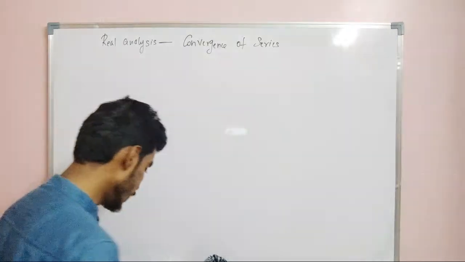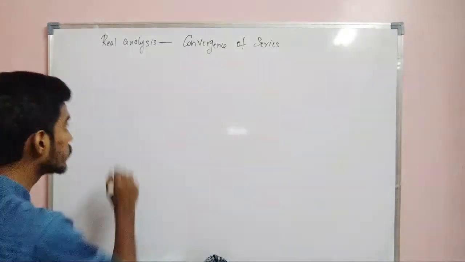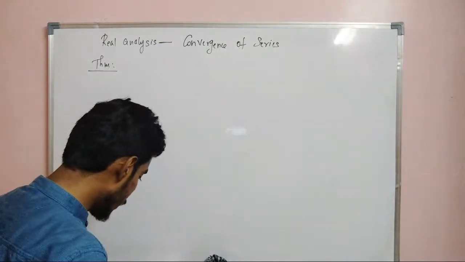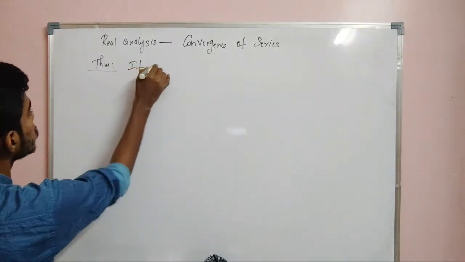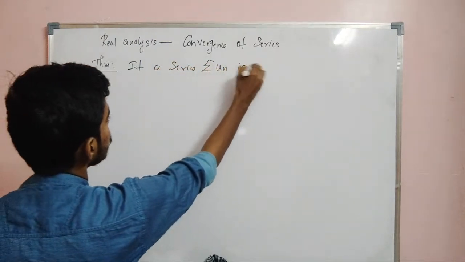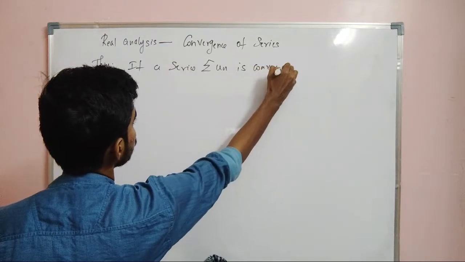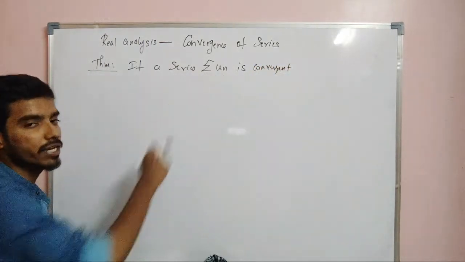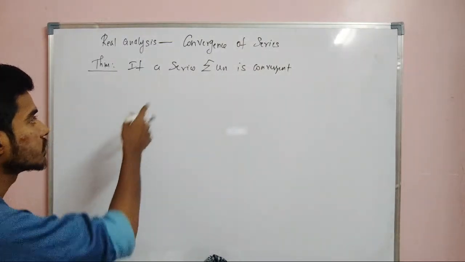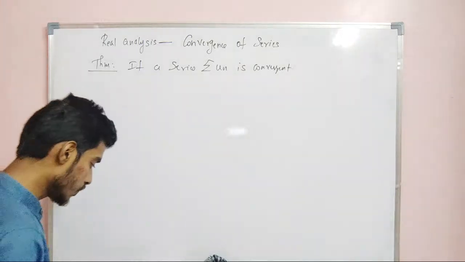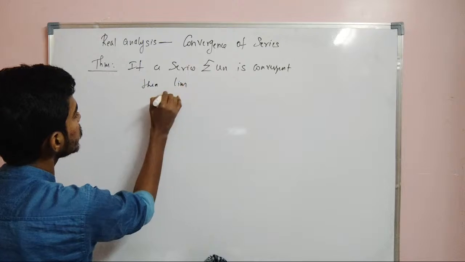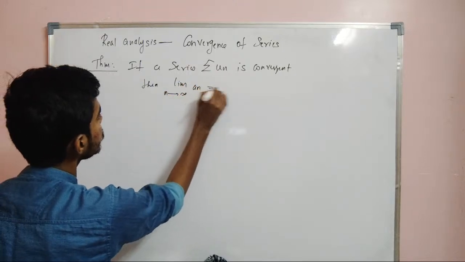Before getting into that, let us recall one very important theorem: if a series summation un, where un is the nth term of the series, is convergent, then limit n tends to infinity of un is equal to 0.